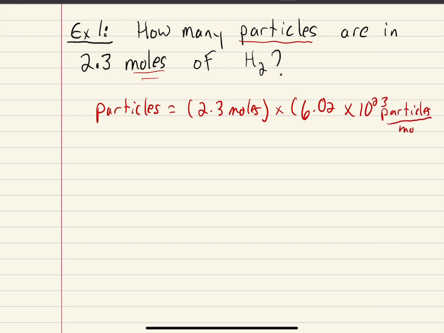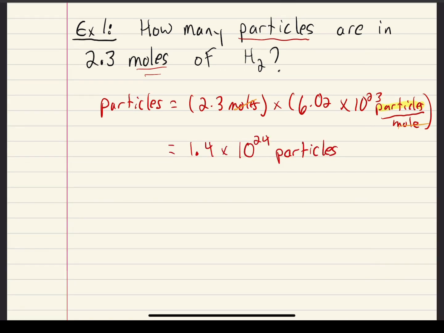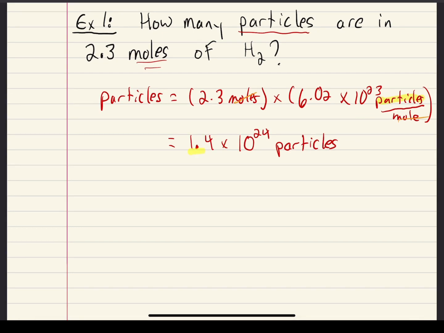Mathematically, the moles cancel out, and you're left with particles. This gives us 1.4 times 10 to the 24 particles, where 1.4 was rounded because of significant digits.